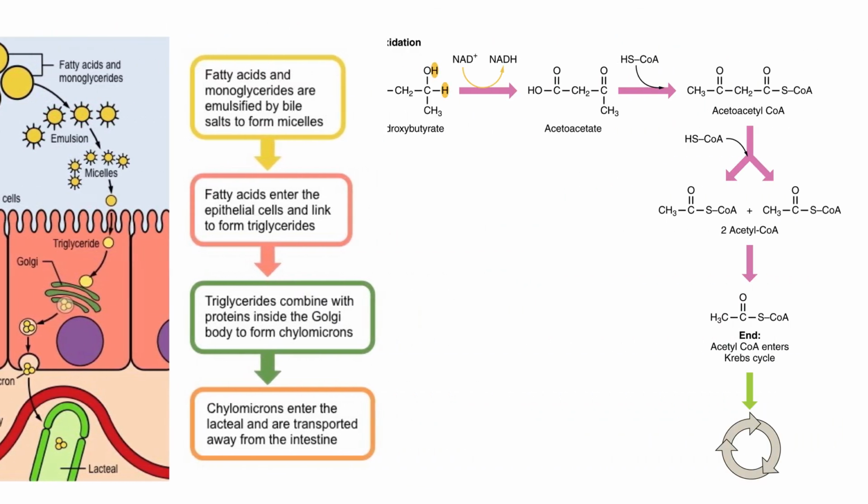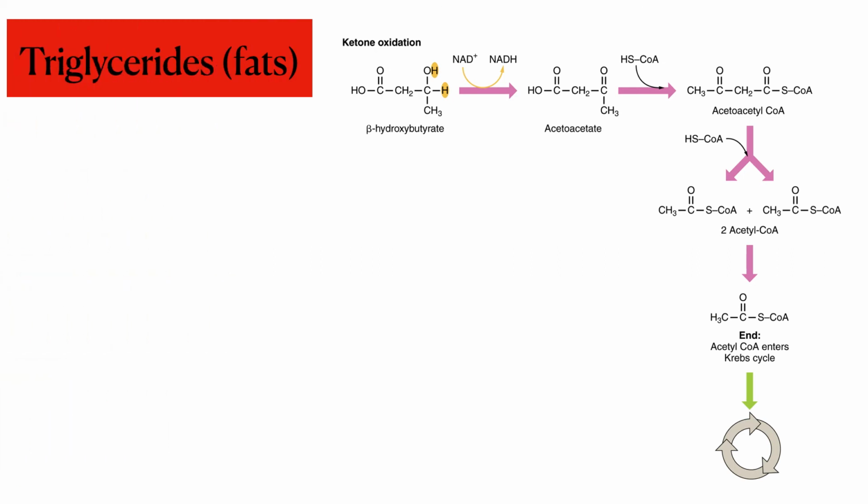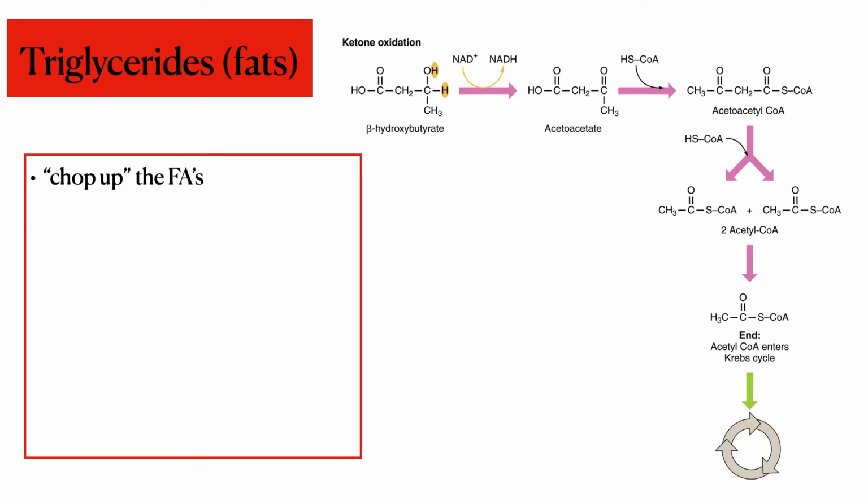Fats are great sources of energy, and here you can see one of the cycles you will learn about next year. Those triglycerides, if we need extra energy, if we've used up glucose and we need more energy, we're going to chop those fatty acids up into little 2-carbon units called acetyl-CoA.